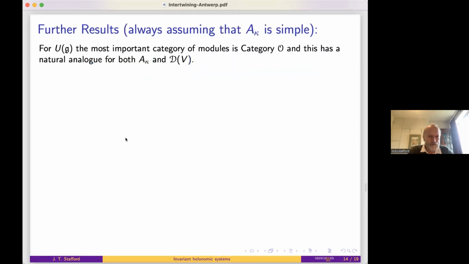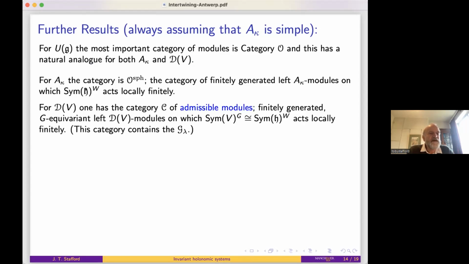And the way we want to interrelate those is to think about certain categories of modules, highest weight modules. So for U of G, you have category O, the category of highest weight modules. We have natural analogues of both of those for both A kappa and for D of V. For A kappa, this is known as the spherical modules, O spherical.